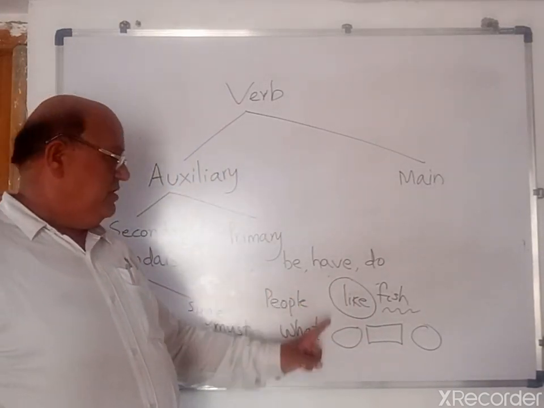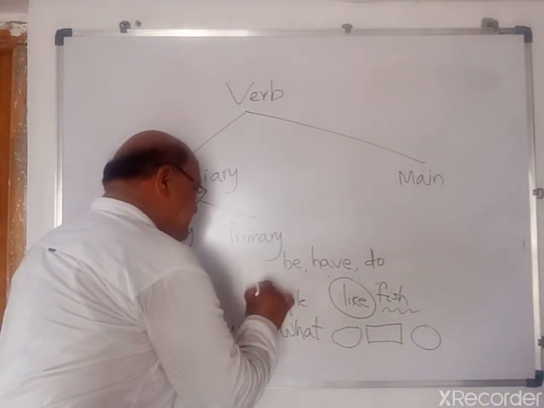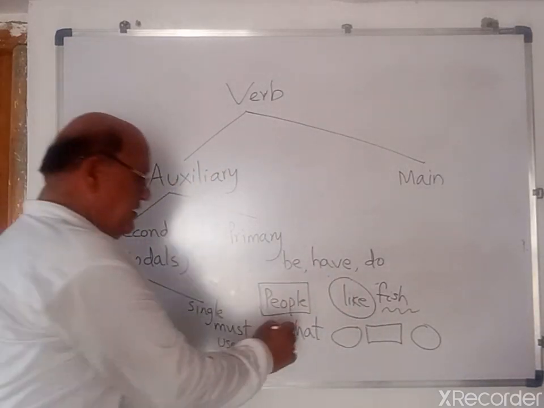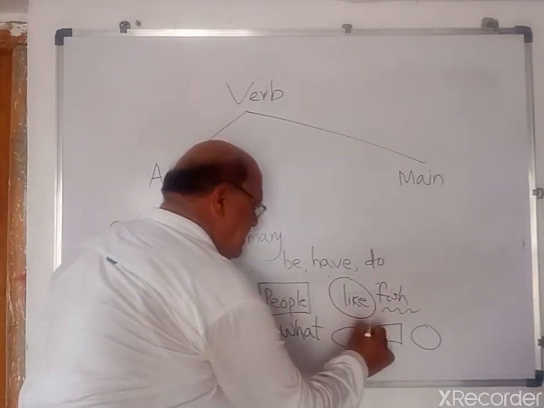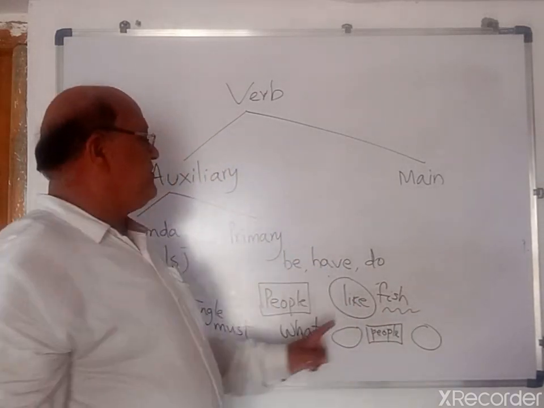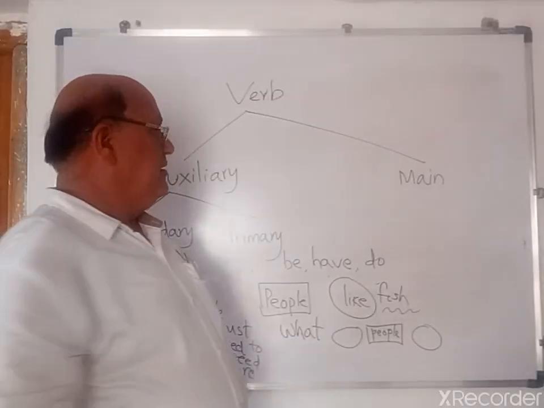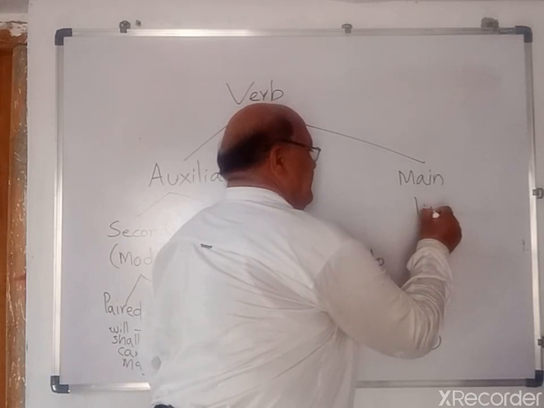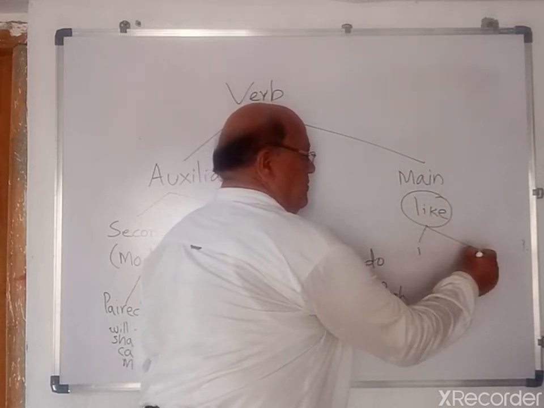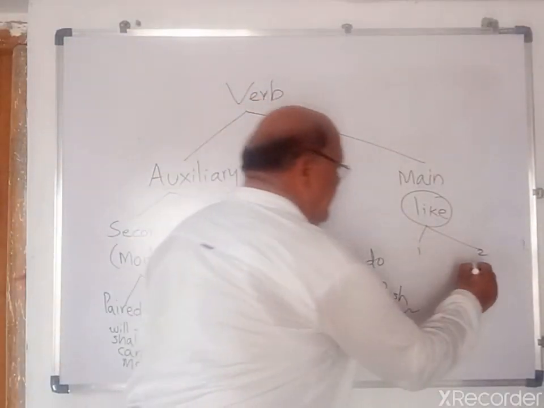This circle will become two circles. And this subject will be here. Then let us write what. Here we have people. For like we need two words, one and two. Then one will be like.